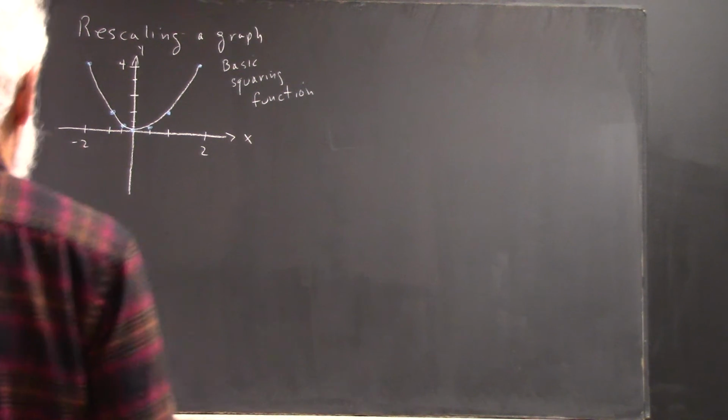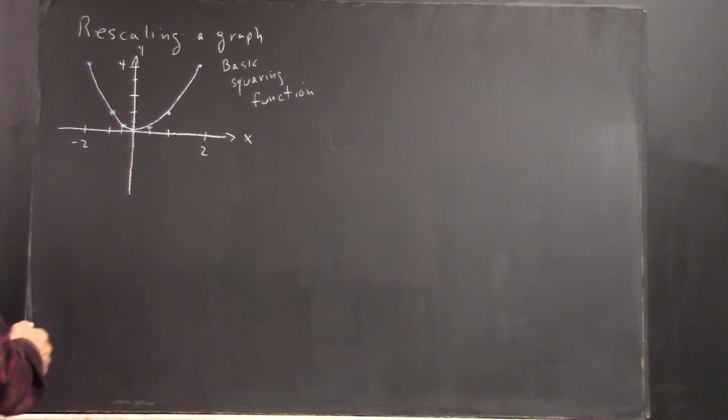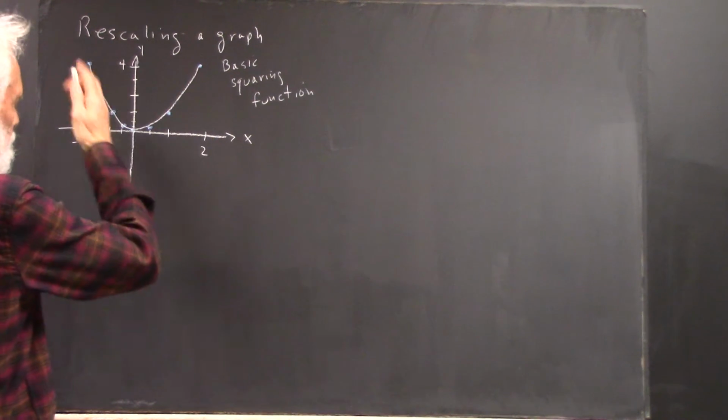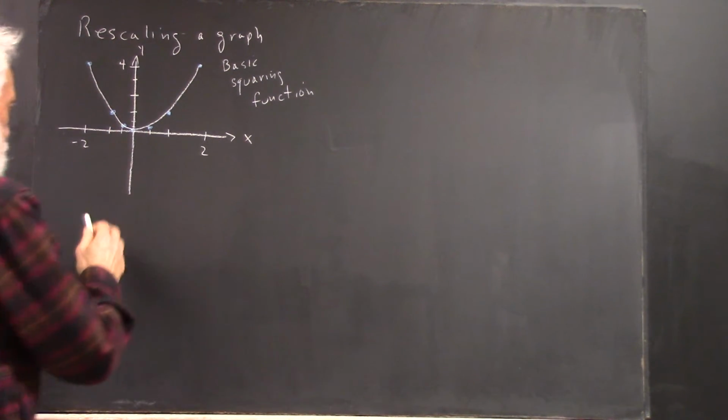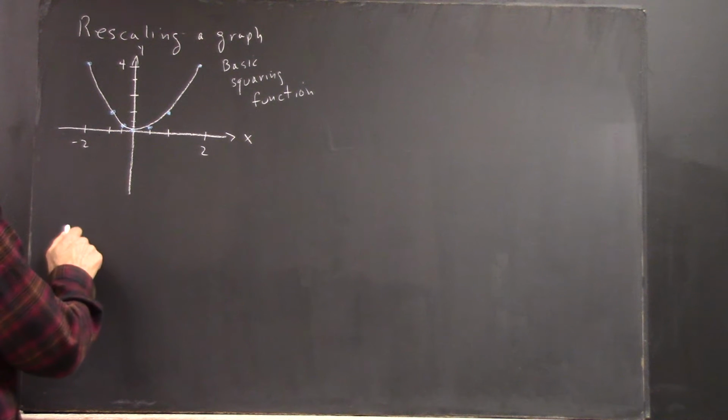Okay, so here's a graph for a basic square function. Again, a little lopsided, but it's okay, we're going to use it anyway. Okay, we're going to rescale.